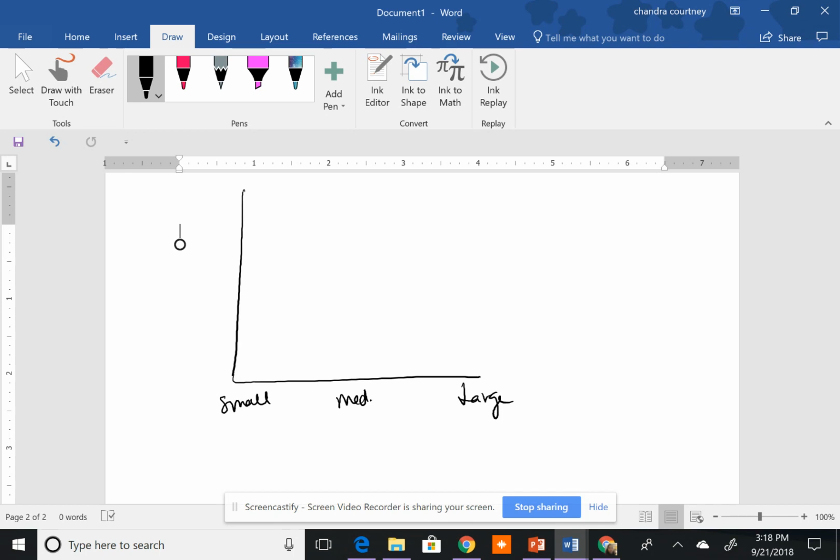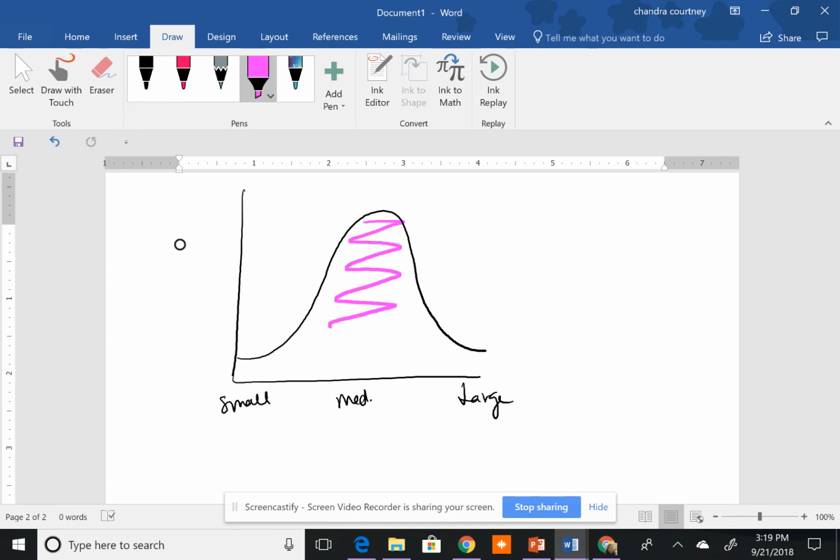So again, I had a normal distribution. Most of my numbers are in the middle. My extremes have a smaller population. Disruptive selection is going to be one that eliminates or reduces where the max of your frequency falls. The majority of our numbers fall in the area that I've just shaded. Disruptive selection is going to reduce the number of organisms that fall in this middle range. When you draw it in, it will look like this. We're now going to have two pockets, if you will.